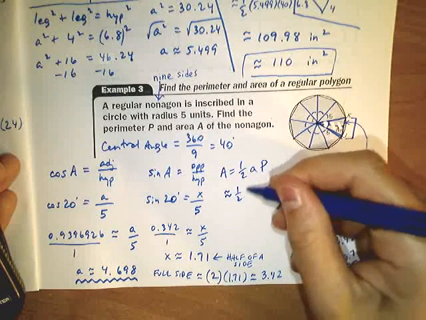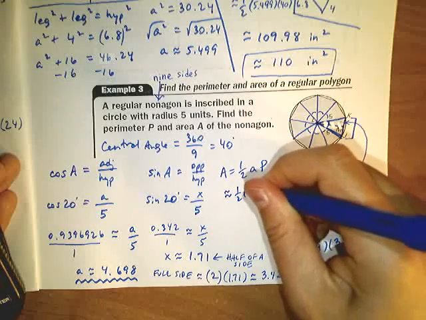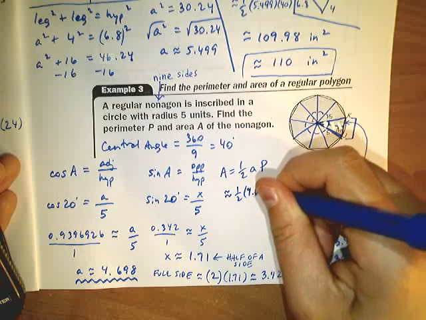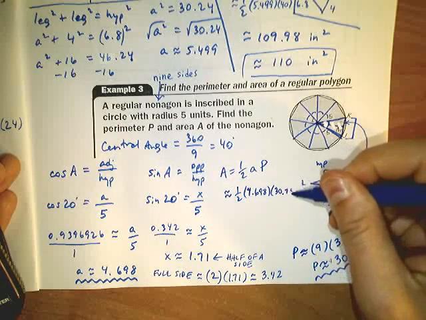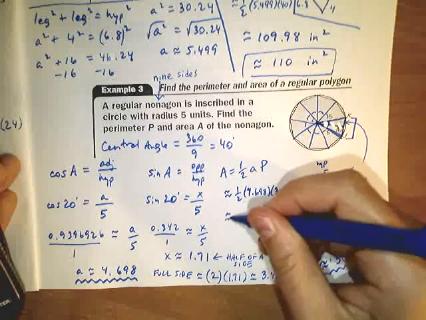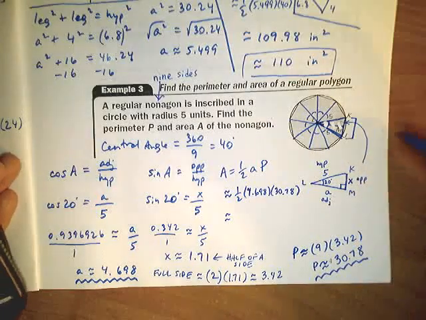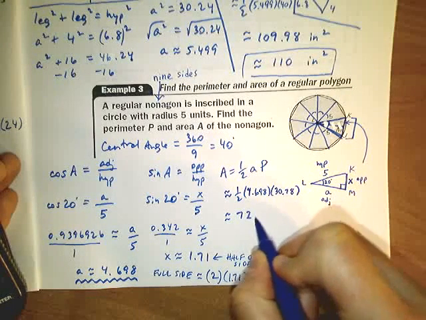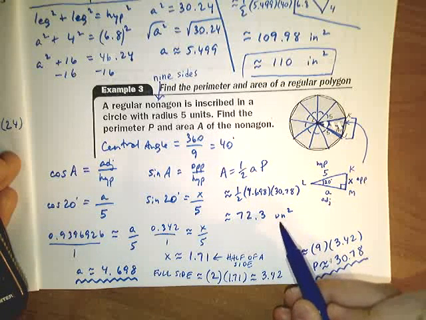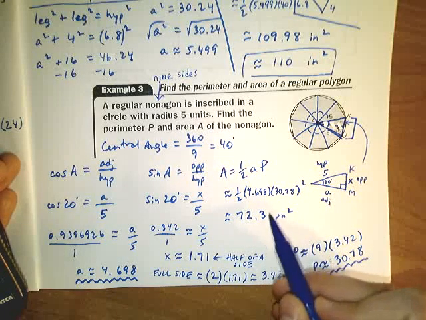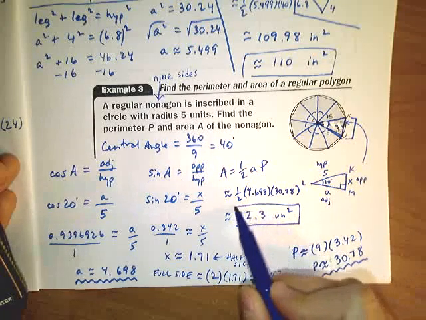So that'll be 1/2 times 4.698 times 30.78, which gives me approximately 72.3 square units. Remember to put the square on the words, not the numbers, so here, not here. And there you go.